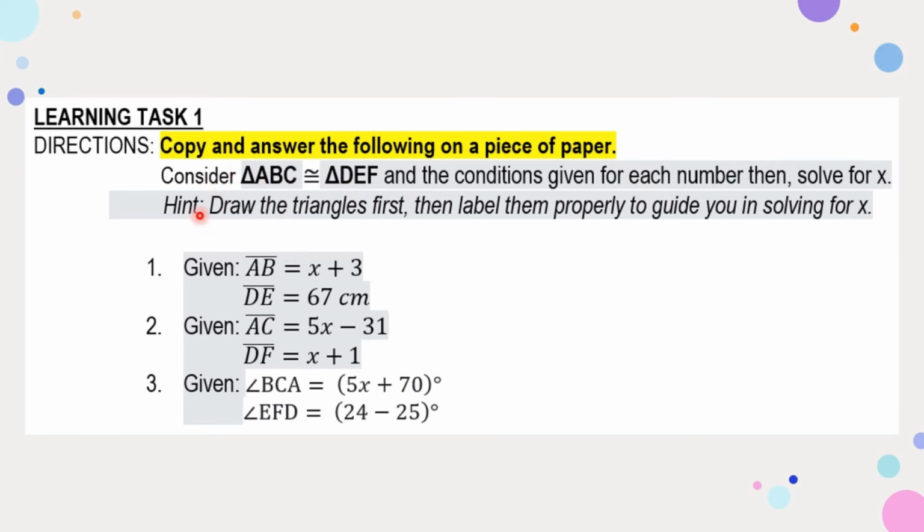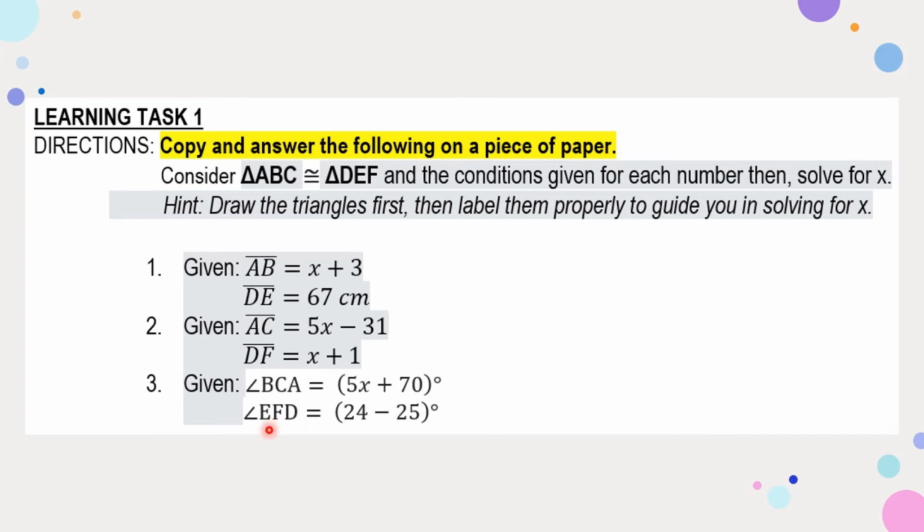Opo. Next, consider triangle ABC and triangle DEF and the conditions given for each a number, then solve for X. Ang hinahanap po ay X. Hint. Draw the triangles first, then label them properly to guide you in solving for X.